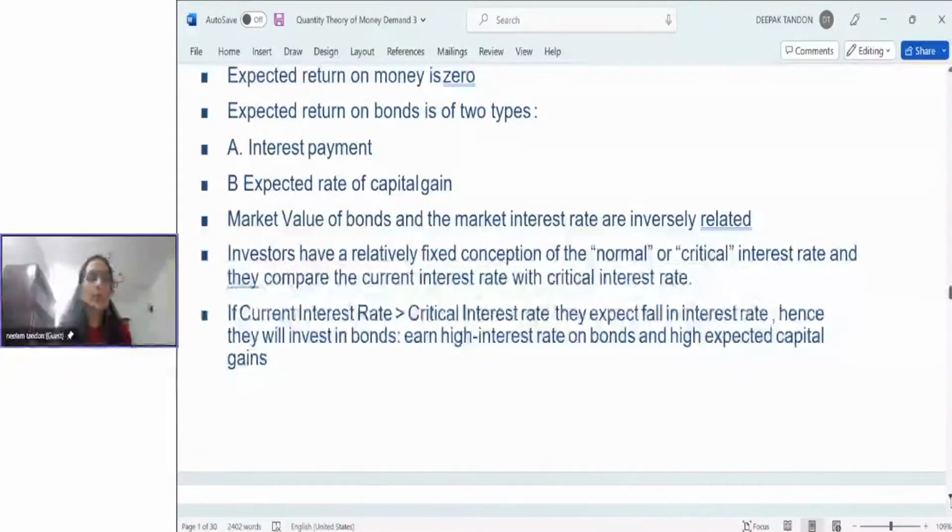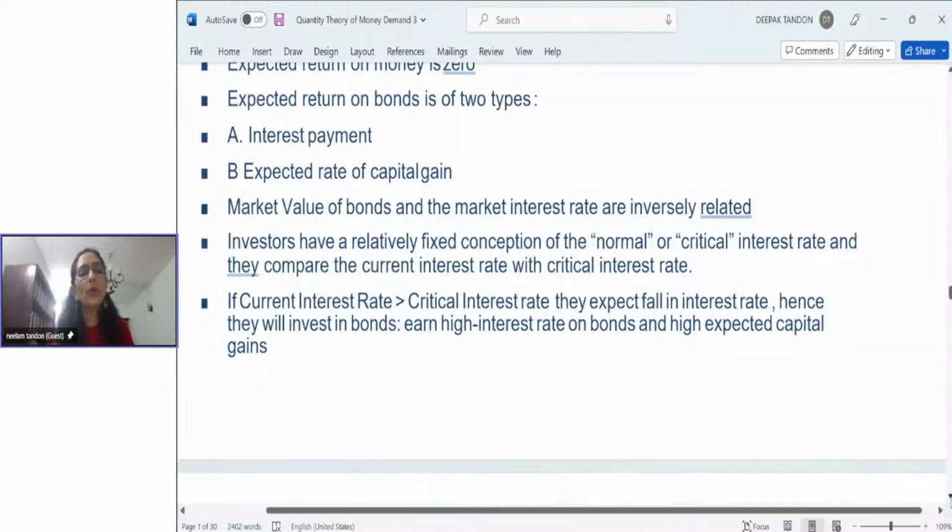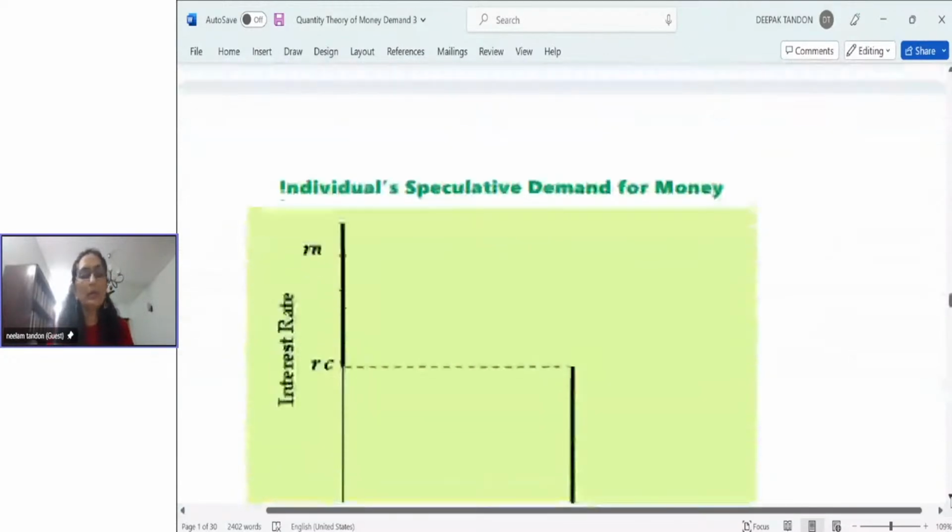And since it is going to decrease, let me invest in bonds today. Why? Because you believe that it will give you capital gains. You expect high capital gain. Yes, so this is what Keynes proposed for speculative theory.